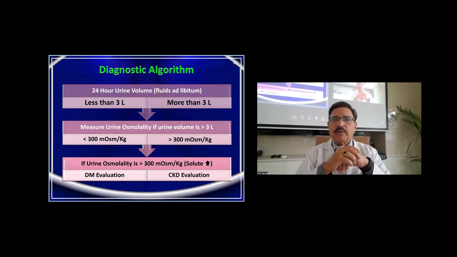So you give a can, a 5 liters can with 10% acetic acid, 10 ml. That can he will keep in his washroom. And when he gets up in the morning, he will discard the morning urine, which is last night's urine. And then from then onwards, whatever urine is passed is collected in the can.